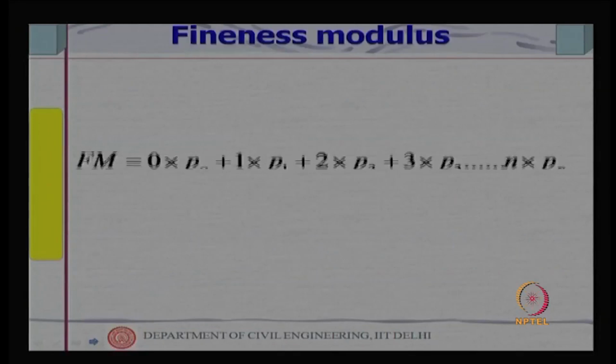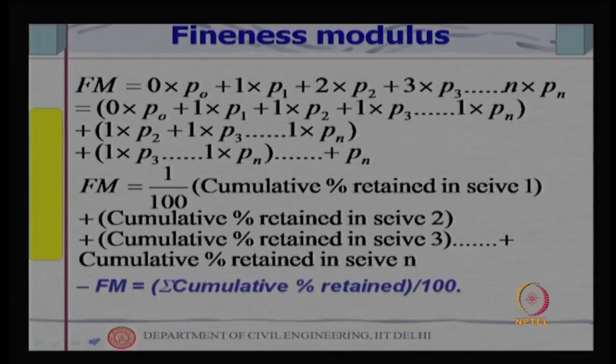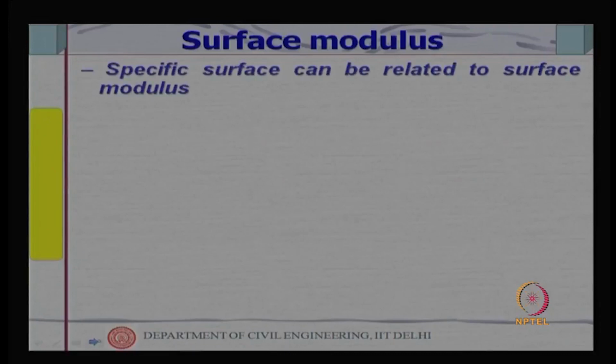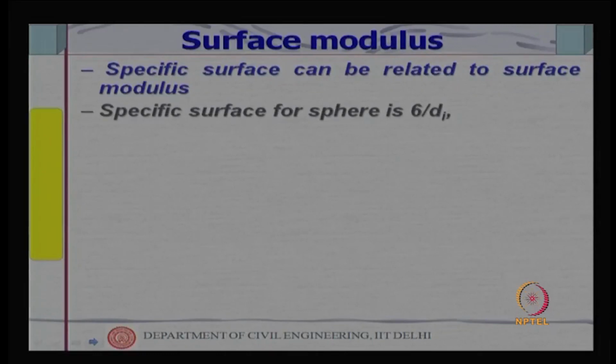called surface modulus, and surface modulus is in terms of specific surface. Specific surface can be related to what is called surface modulus, and this concept is for a sphere. We know the specific surface is 6 by dp.